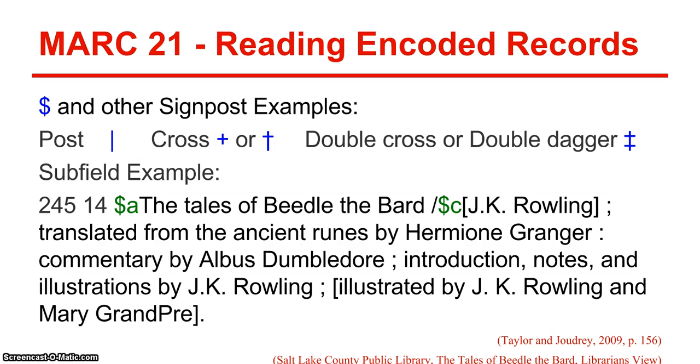The signpost and lowercase c indicate the statement of responsibility or authorship. In this case, the cataloger chose to bracket the author's name because the book was published under the auspice that a fictional character translated the resource, and another fictional character provided the commentary. The actual author, Rowling, accepts direct authorship for only the introduction.